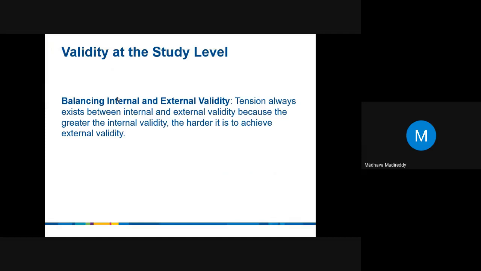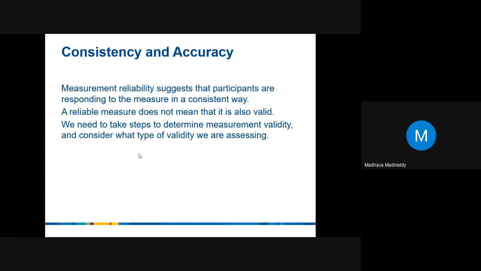It's always a trade-off between whether you want the data to be validated internally or externally. You cannot get the best of both worlds usually, so you just need to pick one and focus on that bit. I mean, you need to do both, but if you focus on one, it is possible that the other one will go down.